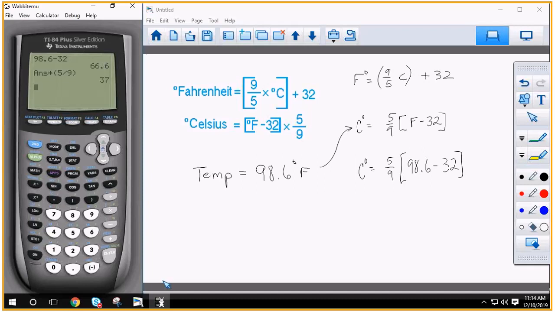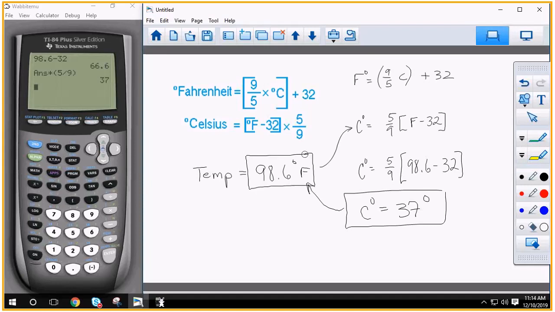So C is equal to 37 degrees Celsius. And 37 degrees Celsius is equal to 98.6. And that's how you use the conversions.